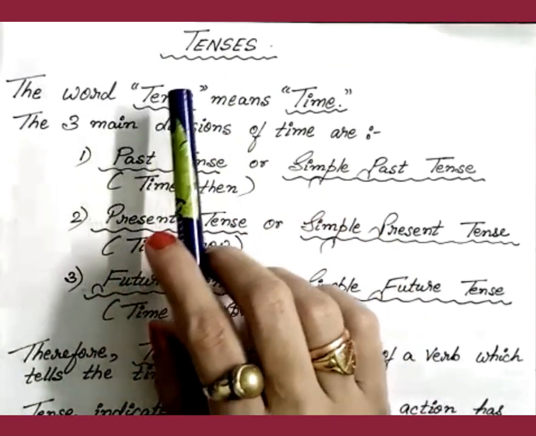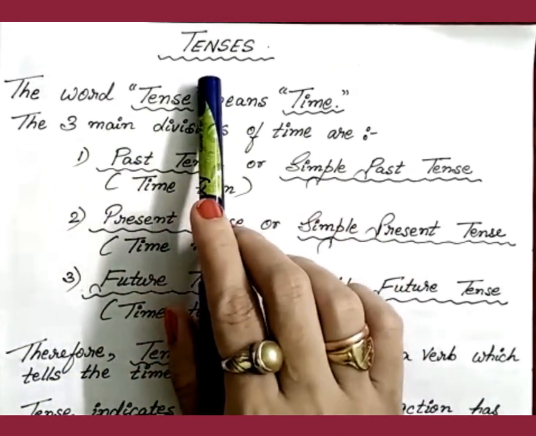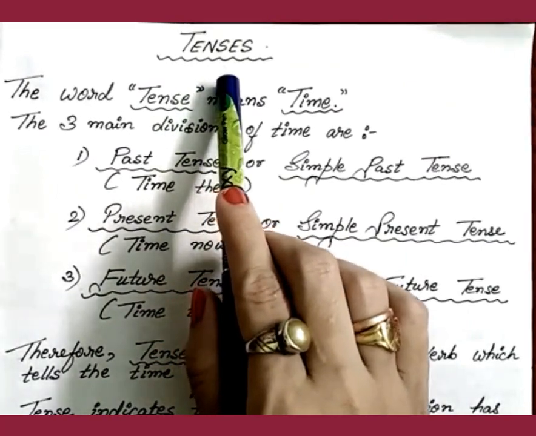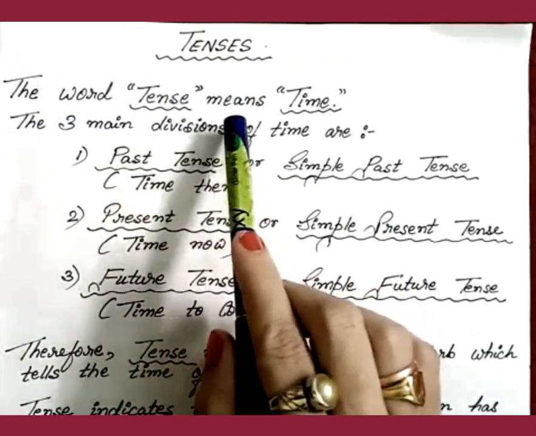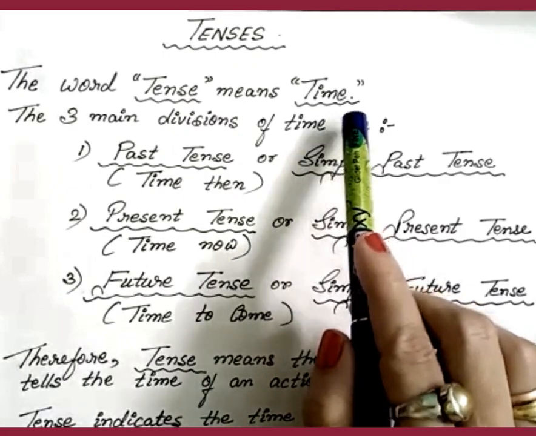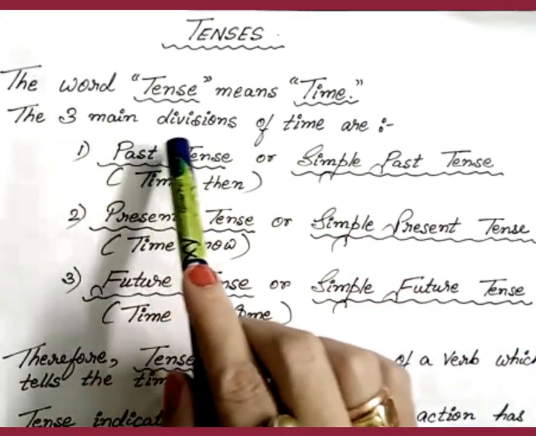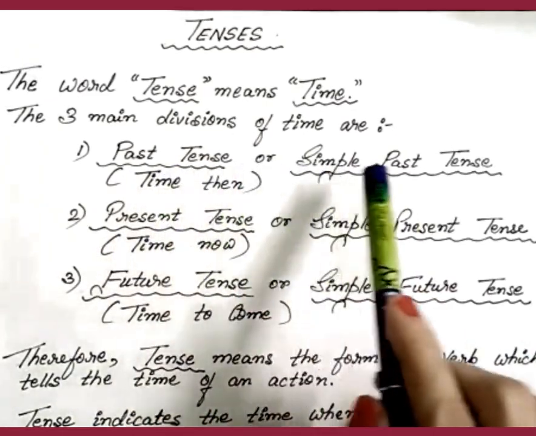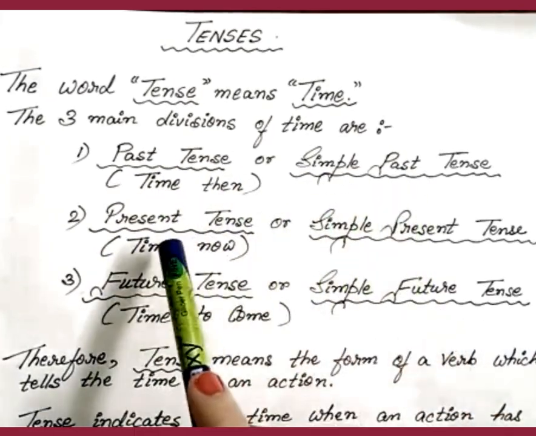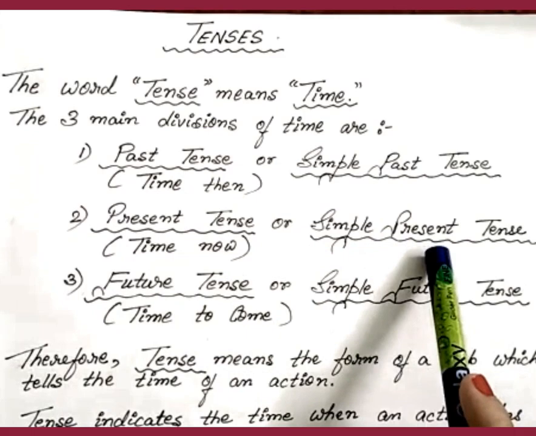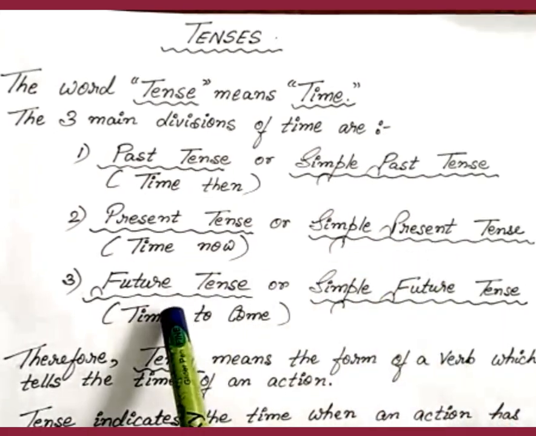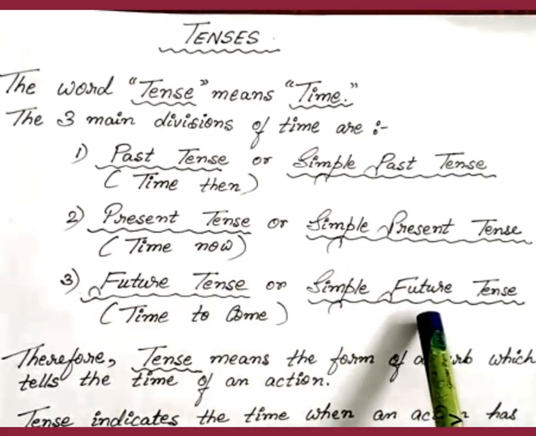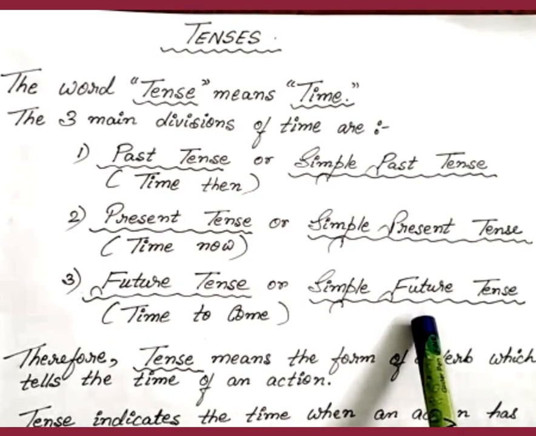Let's first of all know what we mean by this word tense. The word tense means time. The three main divisions of time are past tense or simple past tense, present tense or simple present tense, and future tense or simple future tense.